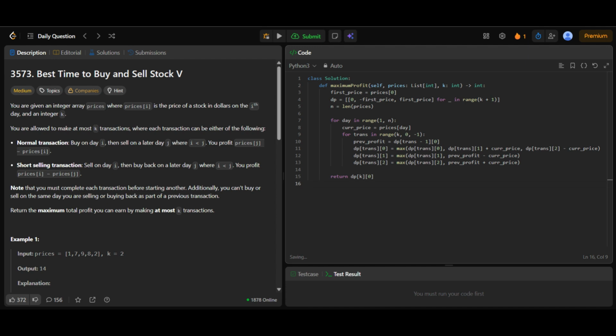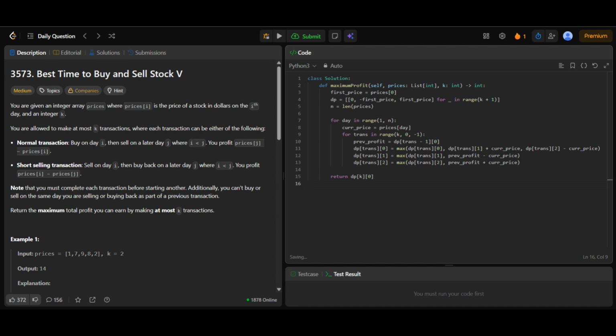DP table structure. We create a DP table like this, dp[trans][state], where trans is the number of completed transactions. State 0 means no position. State 1 means holding a bought stock. State 2 means holding a short position. Initialization. We initialize the DP table using the first day's price. No position starts with profit 0.